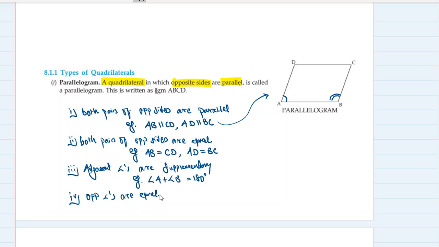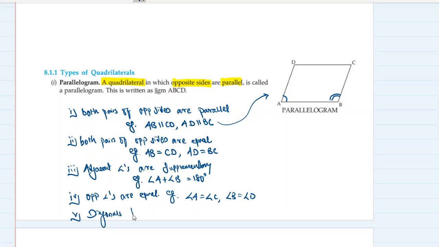This is a revision so that you recollect all these properties, and these are important because they are going to be applied in class ninth on a larger scale, so you must remember them very well. Opposite angles of a parallelogram are equal. For example, angle A is equal to angle C and angle B is equal to angle D. That's the fourth property.